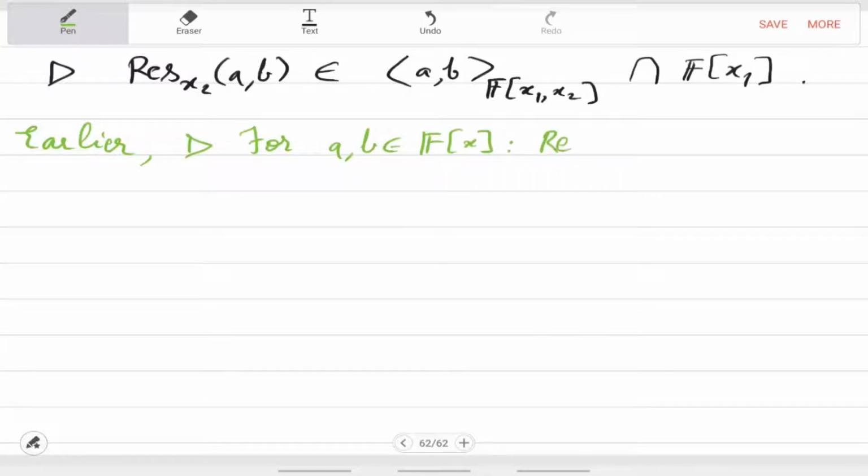So for univariates, the resultant is also in the ideal A comma B intersected with F. Because for univariates, if A and B are co-prime, then the resultant is non-zero. It's actually 1, you can take it as 1. Why is 1 in the ideal A comma B? Well, because A and B are co-prime, so A comma B will generate everything. So this is happening over F[x].